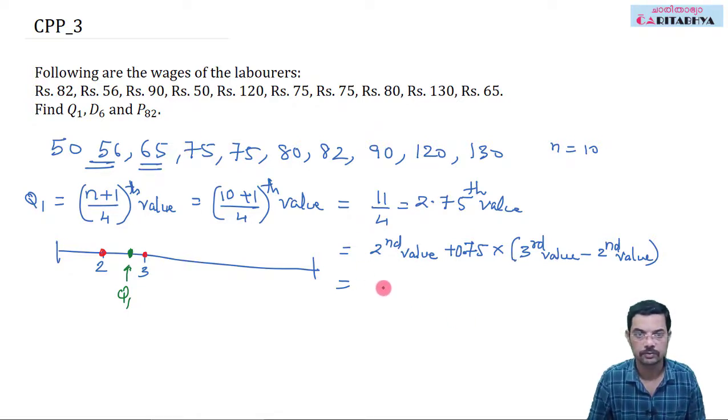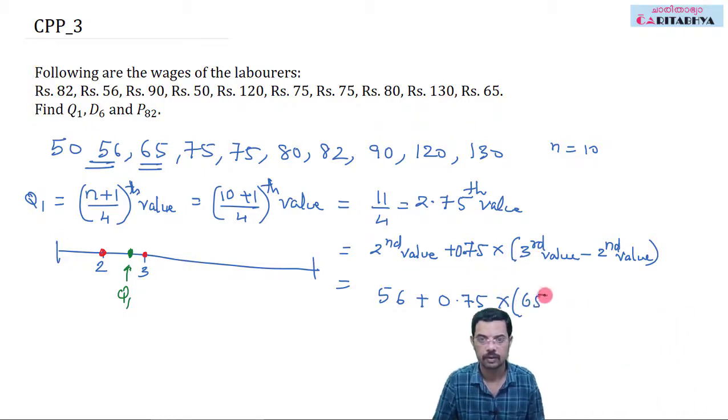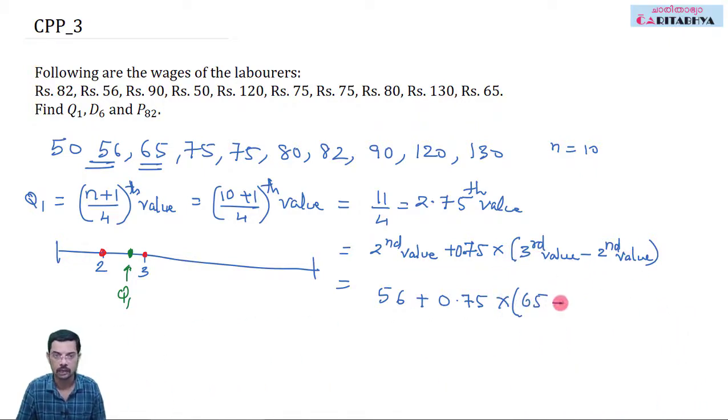Second value is 56 plus 0.75 into the third value, 65, minus the second value, 56. So this becomes 56 plus 75% of, that is 0.75 into, 65 minus 56.